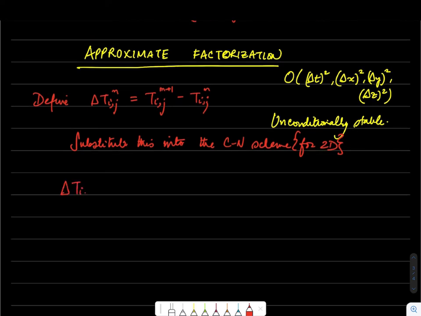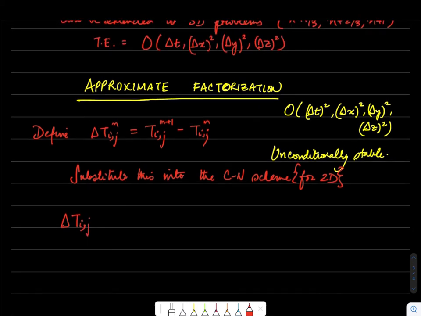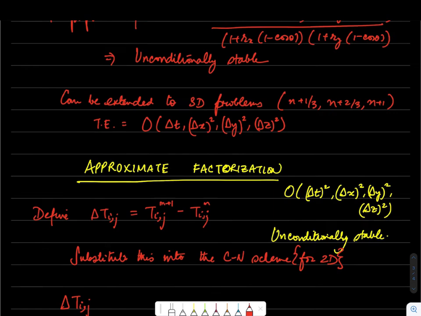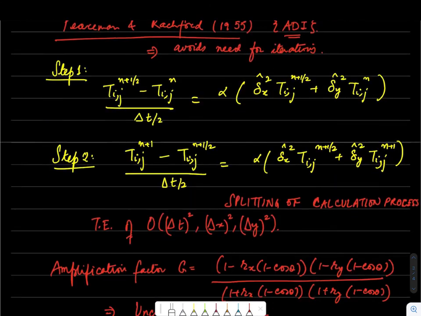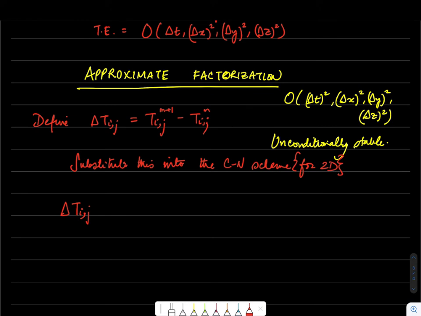So we'll have delta Tij, and I'm going to drop this superscript n because that is not very important here now. So if you notice the left hand side of the Crank-Nicolson scheme, we had Tij^(n+1) minus Tij^n, which is actually delta Tij. So we'll have delta Tij on the left hand side. This is equal to alpha delta t by 2.